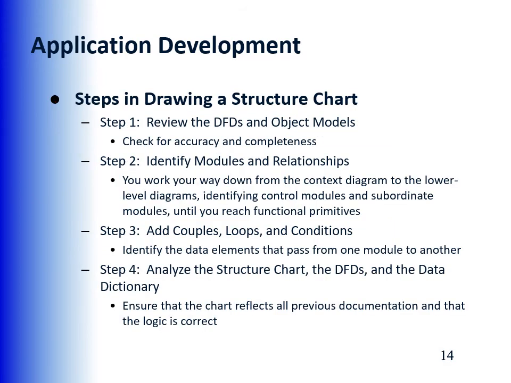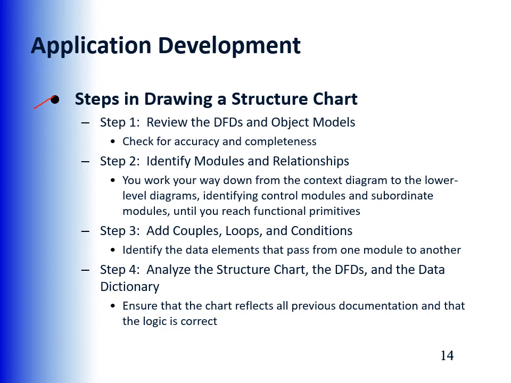These are the steps in drawing a structure chart. Basically, structure charts will be based on the data flow diagrams created during data and process modeling. So you must review the DFDs to identify the processes and methods.